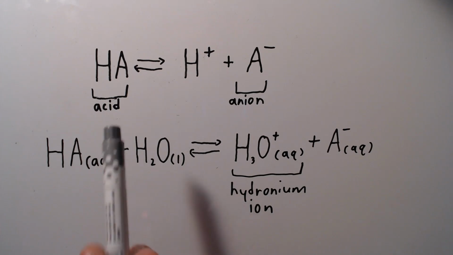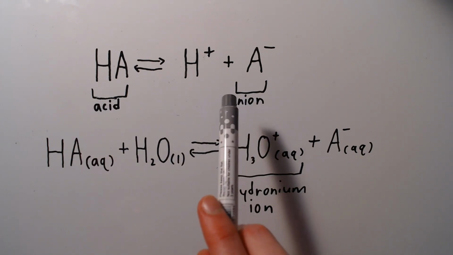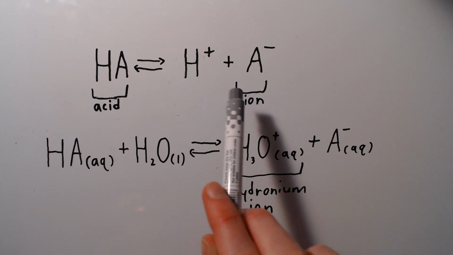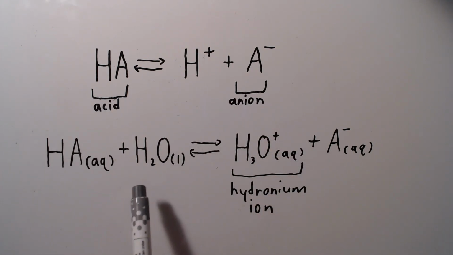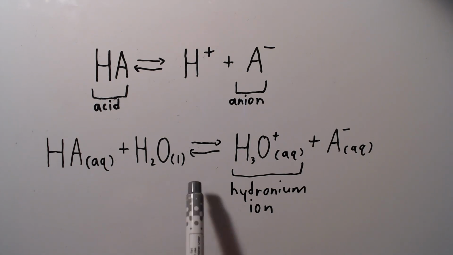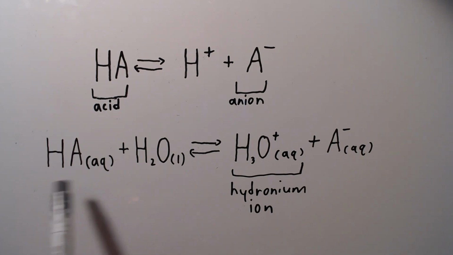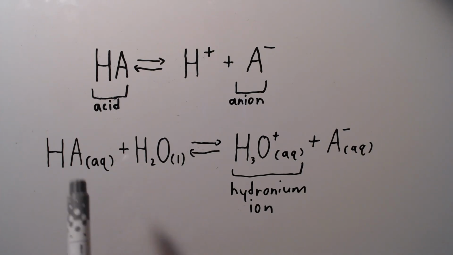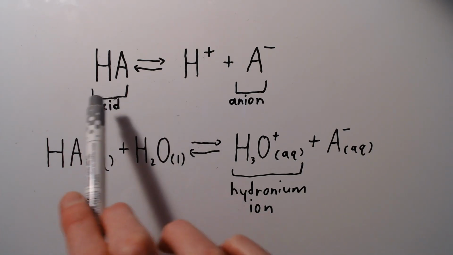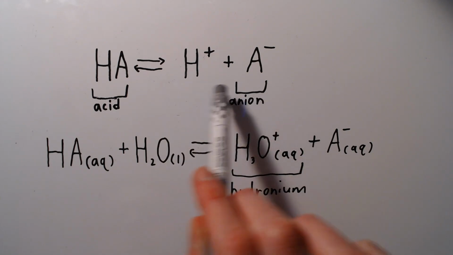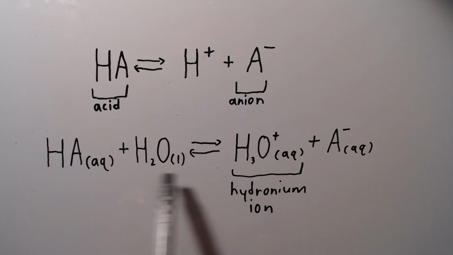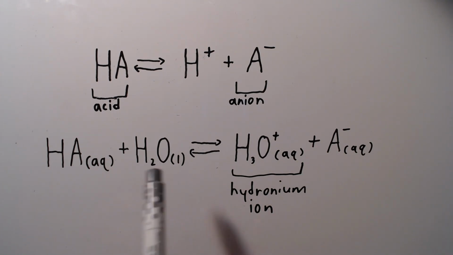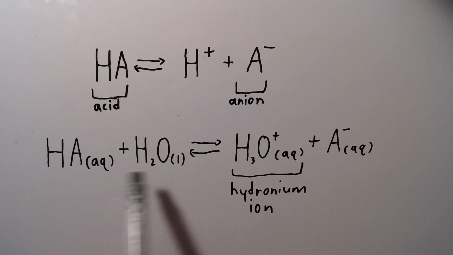However, when an acid dissolves in water, the reaction on top here is not representative of what actually happens to the acid, since in the water we have water molecules interacting with the acid. What actually happens is that when the acid dissociates into its ions, the H+ ions that came from it bind to the water molecules drawn here, and this binding action forms the hydronium ion.